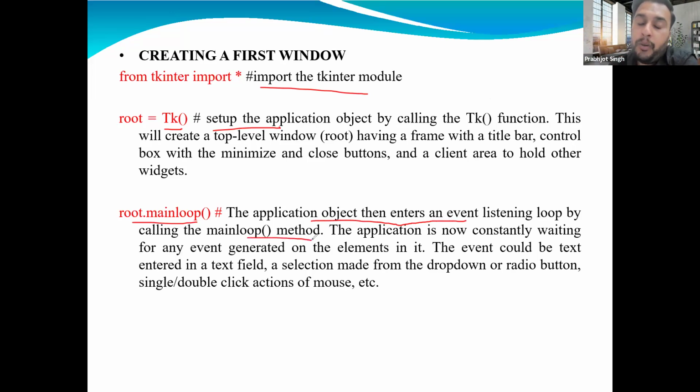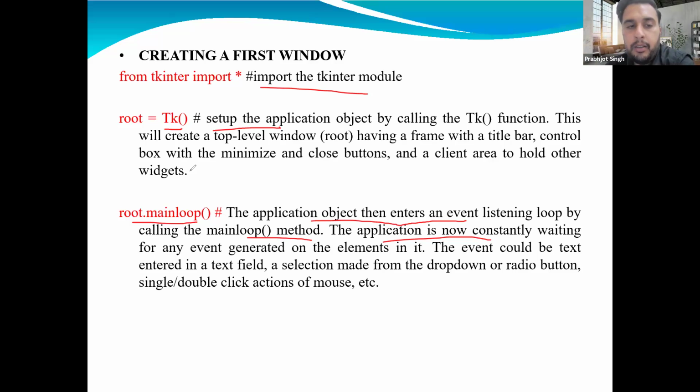By calling the main loop method, this application is now constantly waiting for any event to be generated on the elements. The event could be any text that I want to enter, any button press, any drop downs, radio buttons, anything that we want to do.